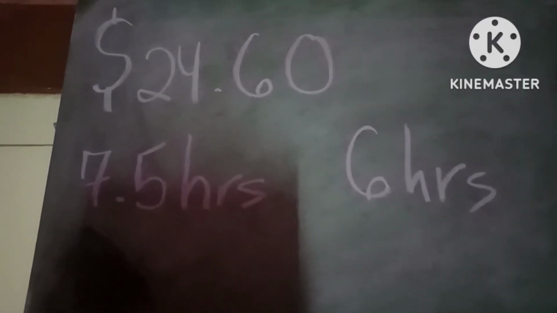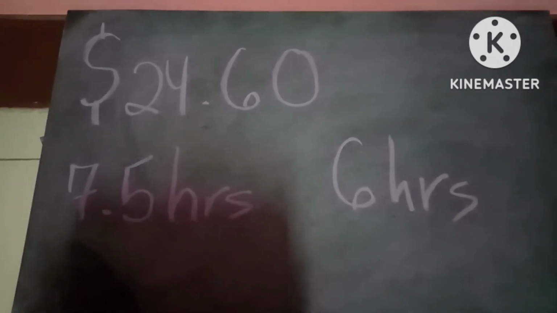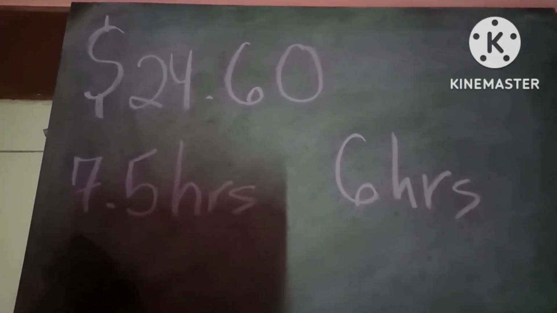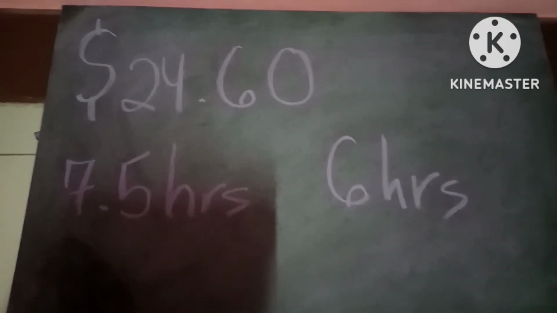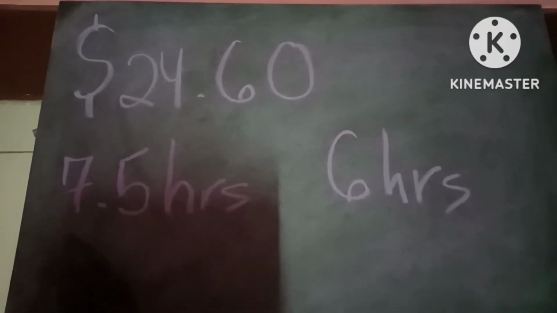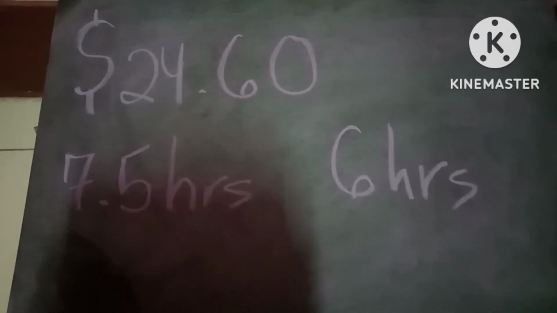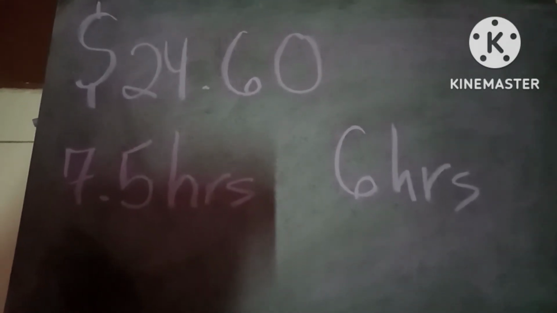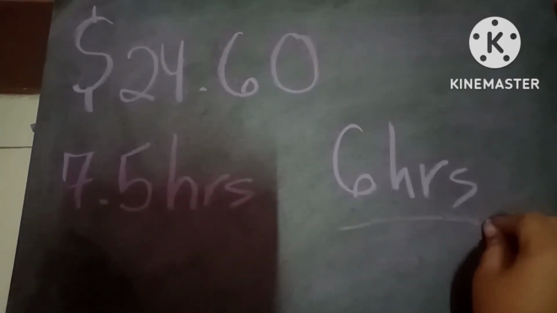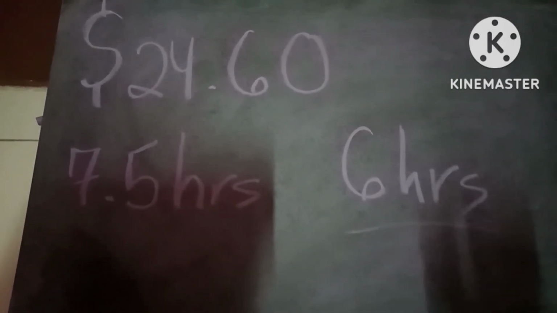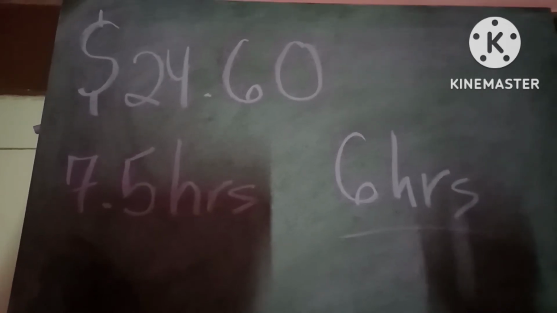To solve the problem, of course, we first need to figure out the given numbers. The given numbers are, of course, $24.60, the 7.5 hours, and the 6 hours. Now, let's try to solve it.